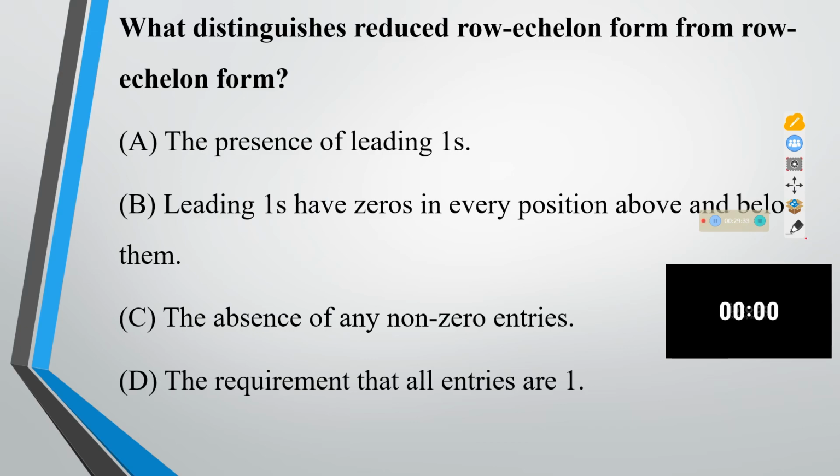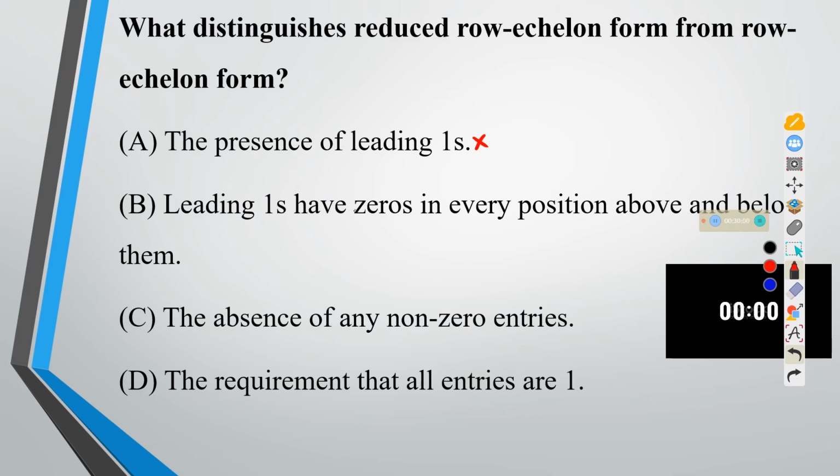So let us look at the required answer here. We are told what distinguishes reduced row echelon form from row echelon form. So one, we are talking about the presence of leading ones. This is not true, though that one is one of the conditions that must be there. However, it is not what distinguishes the two.